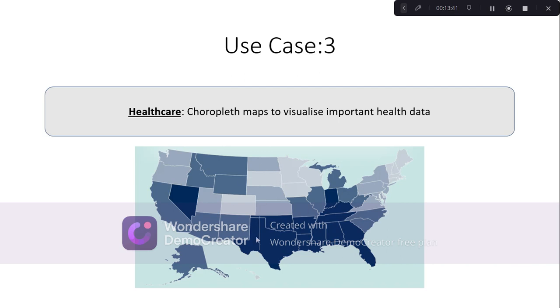There is a difference in colors, from darker to lighter, it's varying. Seeing this, it's very easy for us to understand which country has the highest number of cases, or the highest death rate, or the highest number of recoveries. So this is how we use data visualization in our daily life.